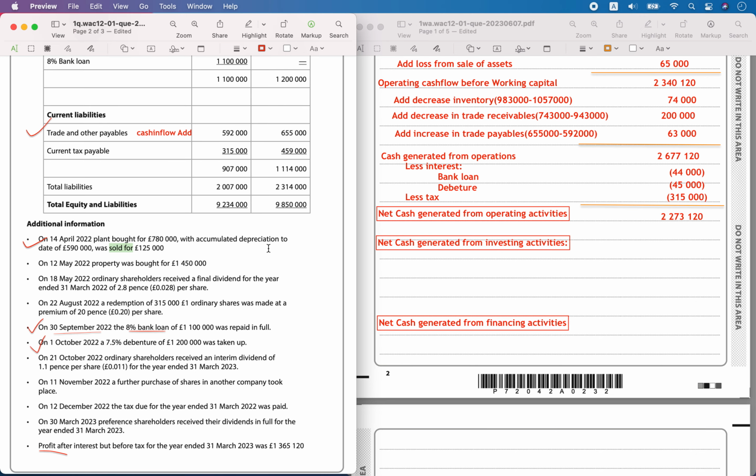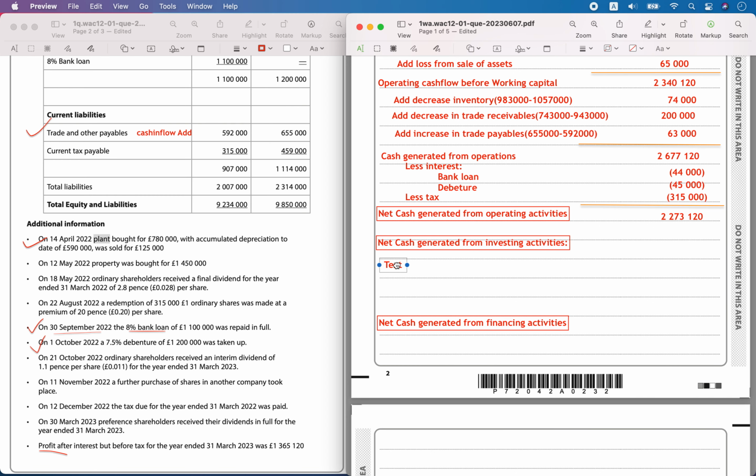For example, here, the cash that was paid to acquire the plant. So that was a cash outflow. Any cash outflow you will subtract, any cash inflow you will add. So you have done a cash outflow to acquire plant.